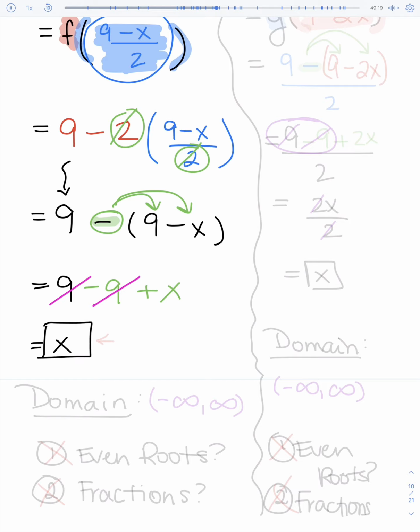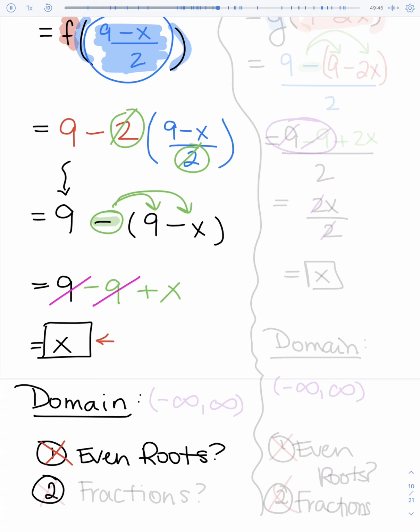However, I still need to find this function's domain. So we'd go through our little checklist. I would ask first, do I have any even roots? The answer to this is absolutely not. I'm looking at my final answer here, an x, so I don't have any even roots.